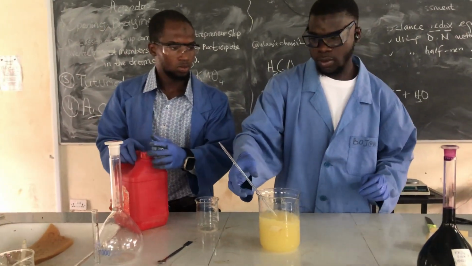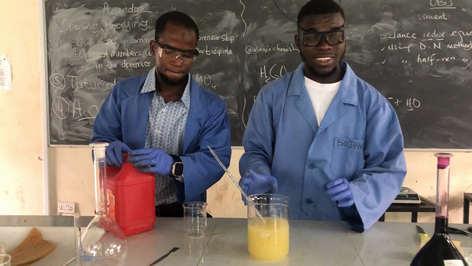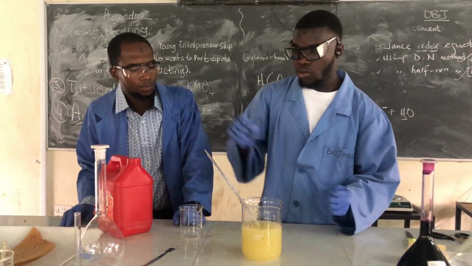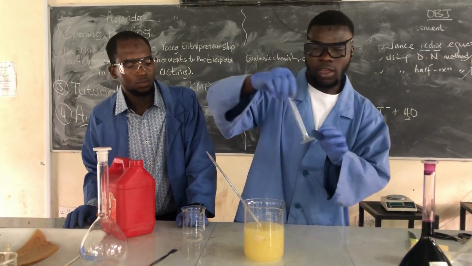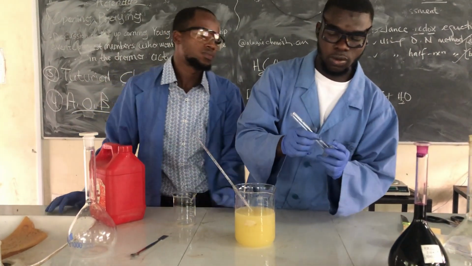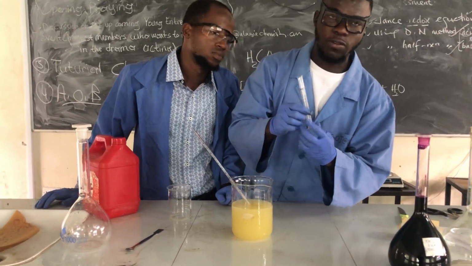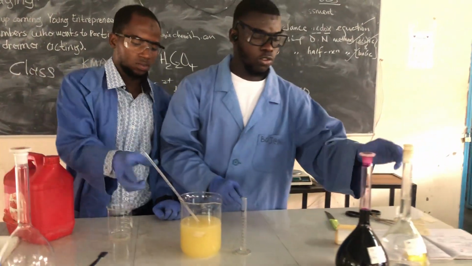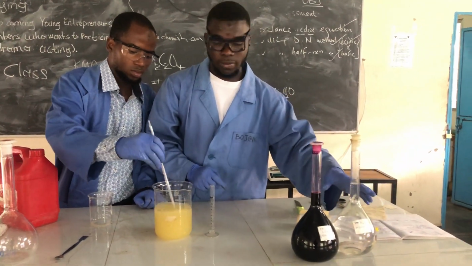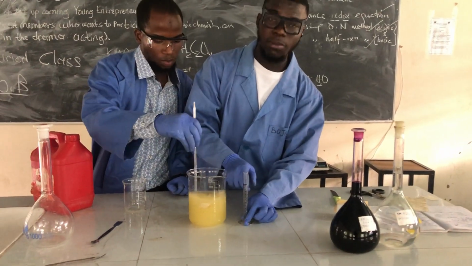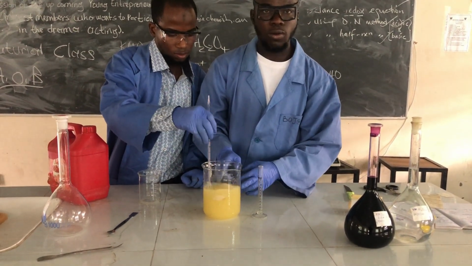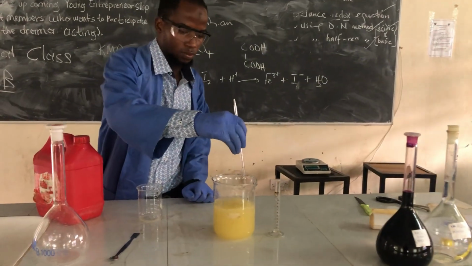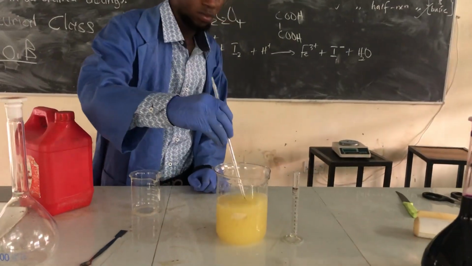Now we are going to acidify the iron(II) sulfate. In acidifying it, you can use between 5 milliliters or 10 milliliters. Here we are going to use the sulfuric acid that we have already prepared, and we measure 10 milliliters. We add it to this compound called iron(II) sulfate.